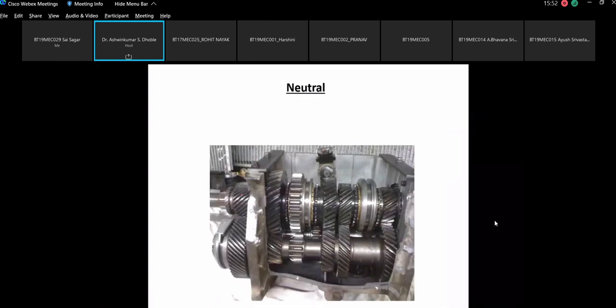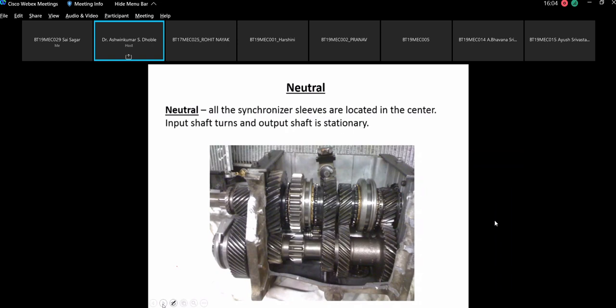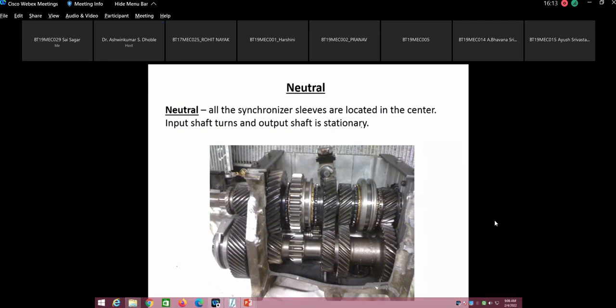This is the configuration when the gearbox is in neutral. All synchronizer sleeves are located in the center. The input shaft turns and the output shaft is stationary.